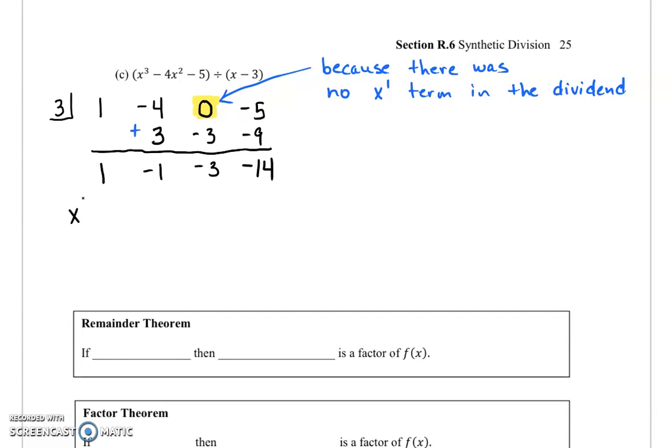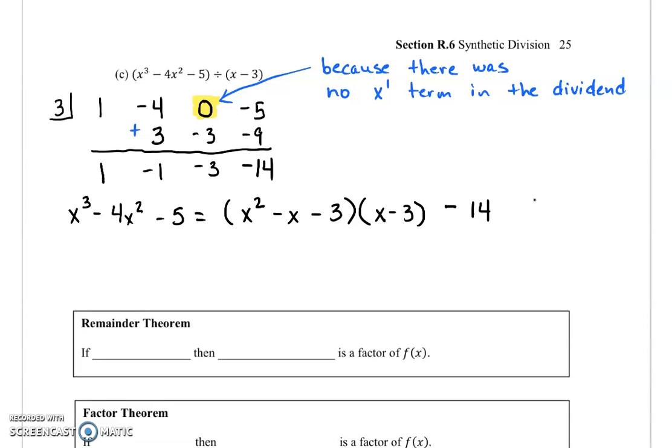The dividend, x cubed minus 4x squared minus 5 equals our quotient, which is x squared minus x minus 3 times the divisor, x minus 3, minus 14, because our remainder is negative 14.